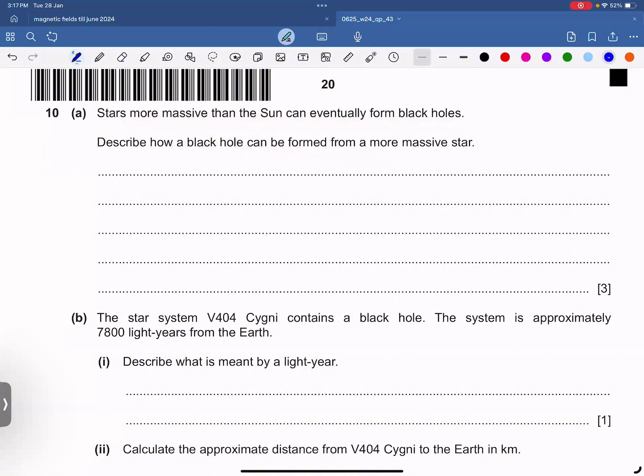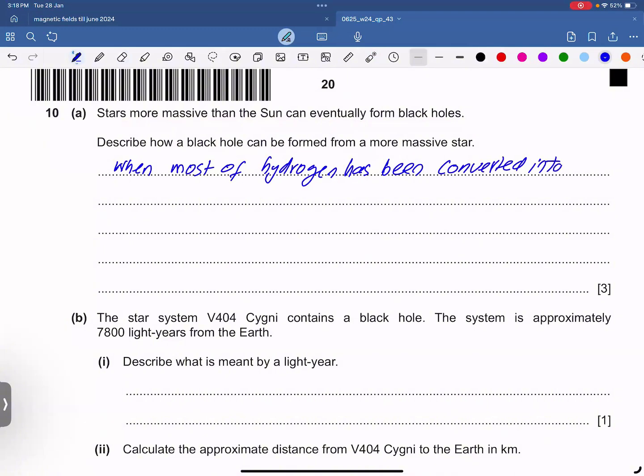When most of the hydrogen has been converted into helium, hydrogen used up, what happens? The star expands to form a red supergiant.